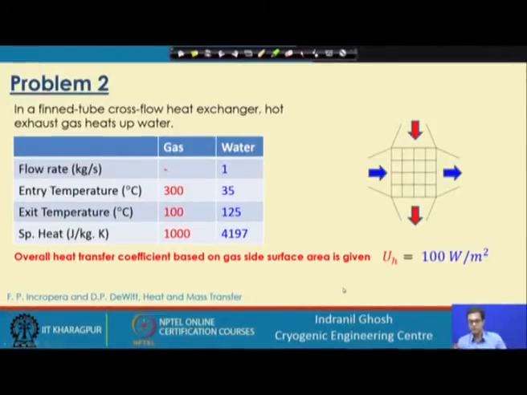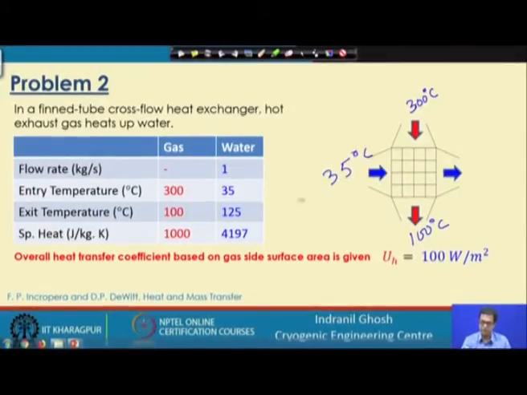this. We have the hot inlet coming here, entering at 300 degrees centigrade, and coming out at 100 degrees centigrade, and this is entering at 35 degrees centigrade. So, this is water coming in and going out at 125 degrees centigrade. This is the water outlet, and this is the gas going in and out.